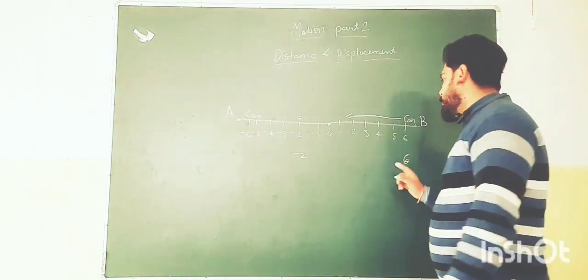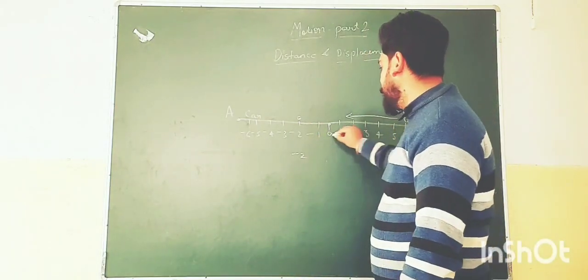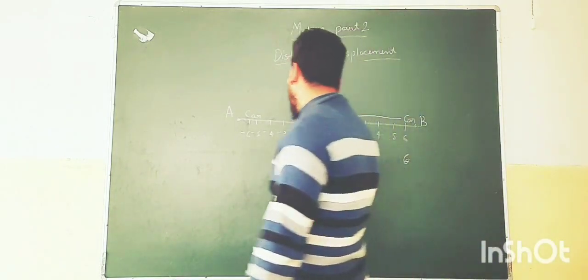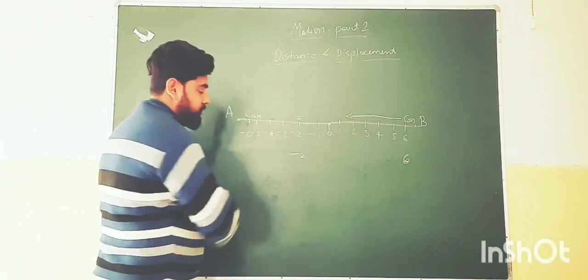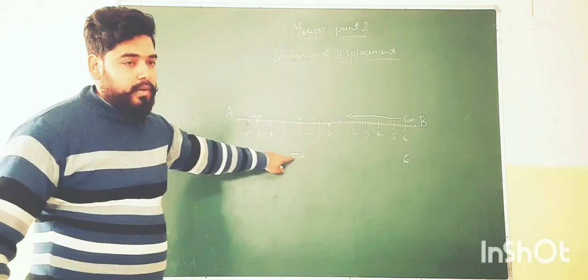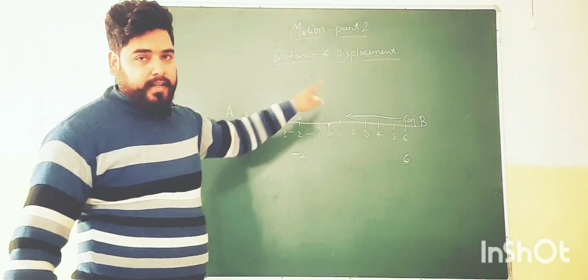So when we measure all this, from here to here it is around 6, and from here it goes 2 more. The minus sign that I have put is showing the direction of the movement, but that is needed in displacement.